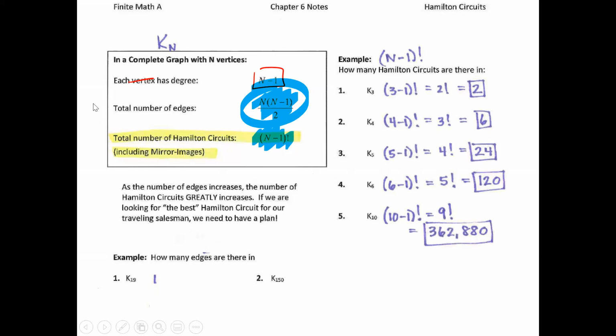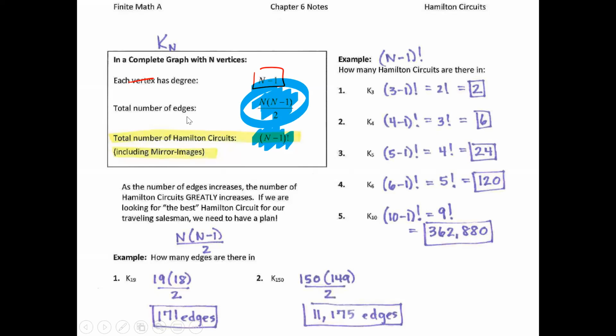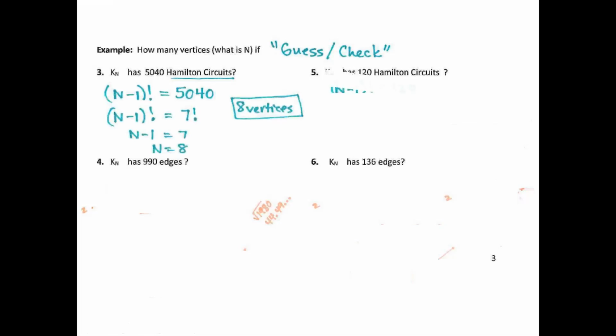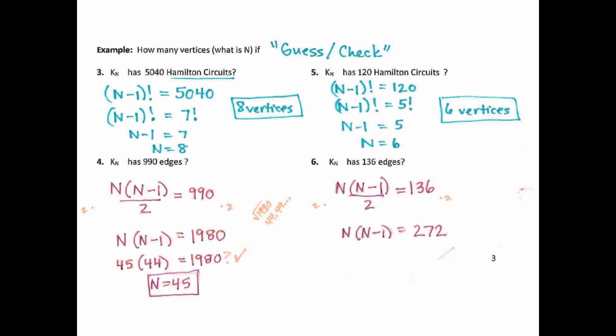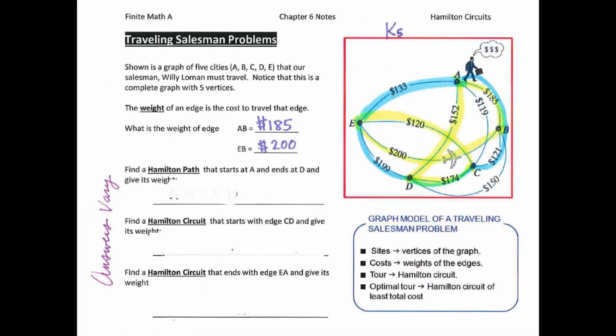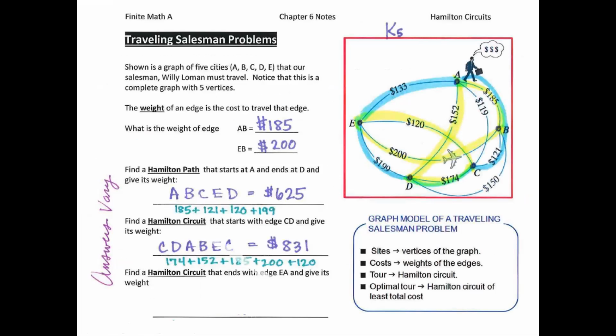Plug that into these formulas here. 171 edges, and then 11,175 edges. Let's do the same for 3, 4, 5, and 6. And go ahead and fill in the rest.